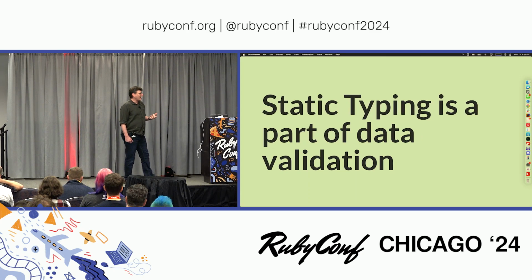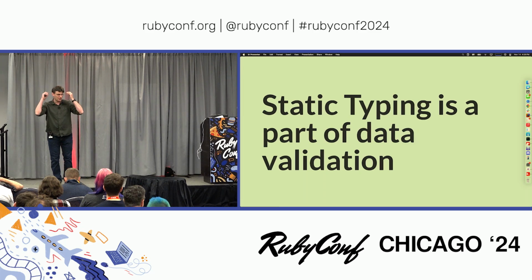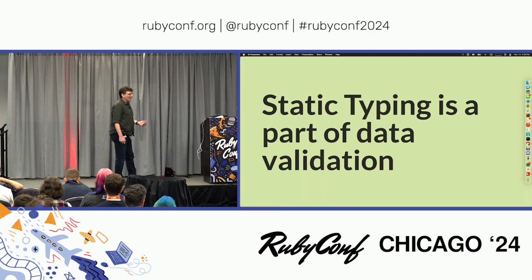So one of my takes here is static typing is a kind of data validation, right? In the subset or triple equal definition of type checking, you are specifying something about the data. You're specifying that it's a person object, that it's a string, that it's whatever. But if you have a lot of complicated data validation, like if we have this recipient object and we need to know, is the name valid?